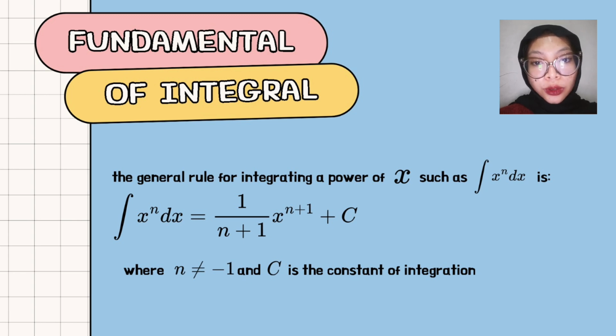The general rule for integrating a power of x is: integral of x to the power of n dx equals 1 over n plus 1 times x to the power of n plus 1, plus c, where n is not equal to negative 1 and c is the constant of integration.